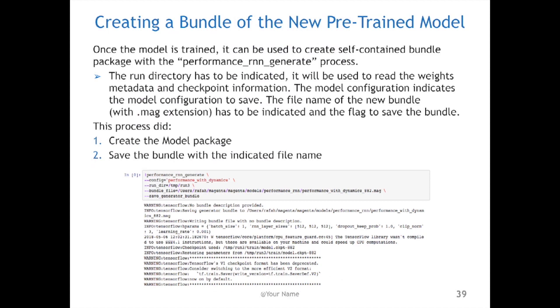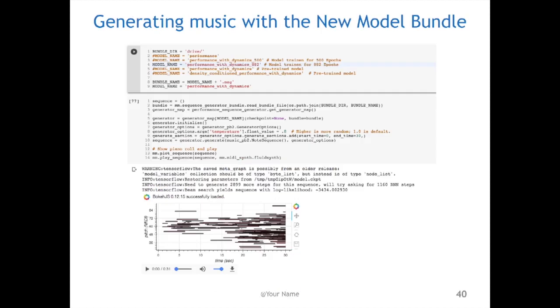The model configuration indicates the model configuration to save. The file name of the new bundle has to be indicated, and also the flag to save the bundle. This process did create a model package and did save the bundle with the indicated file name.